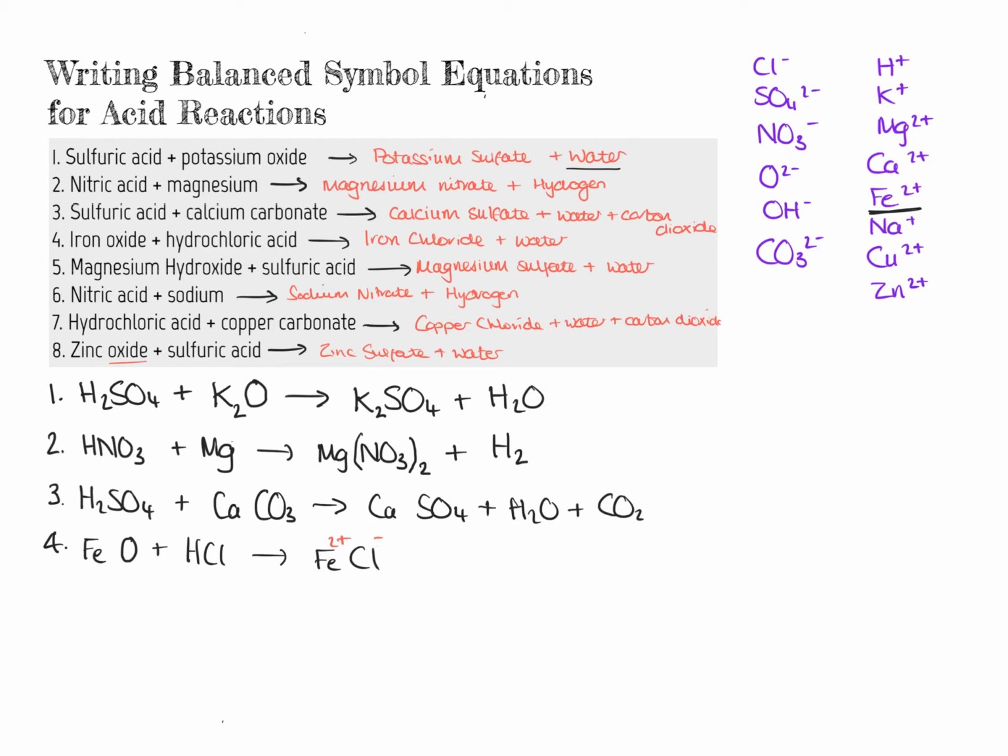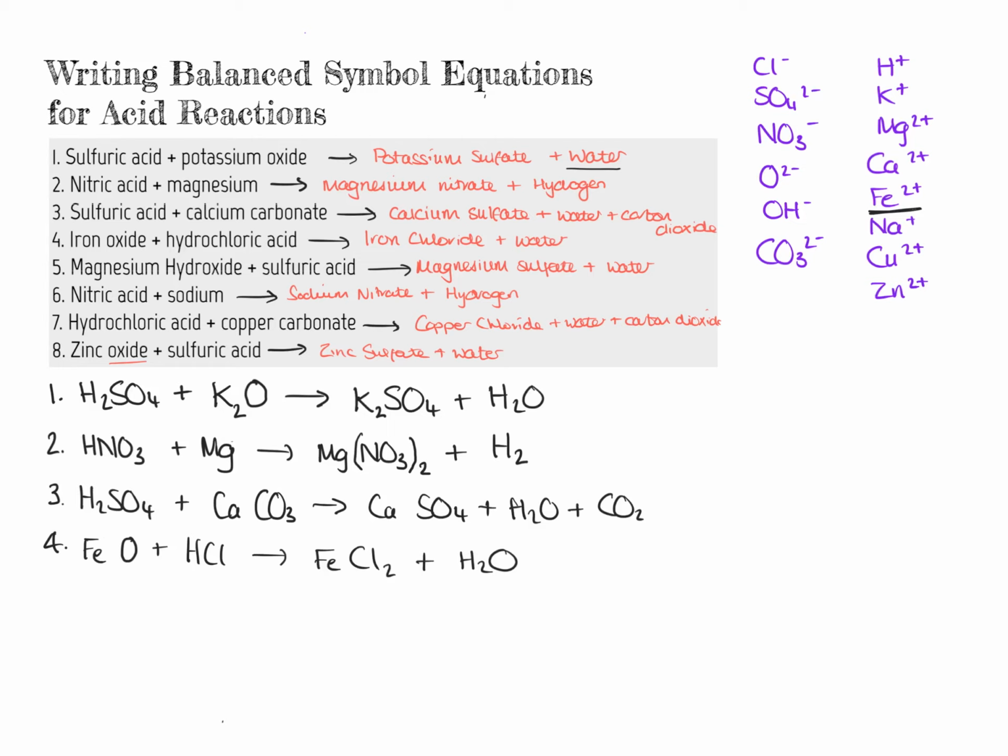We've got 2 pluses, we will need 2 minuses, so our chloride needs to double up. So iron chloride is FeCl2. There we go. Now we can get rid of our working out, rid of those charges because it's now neutral. Iron chloride plus water, which is H2O. There we go.